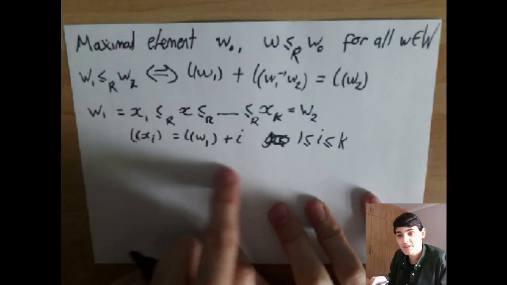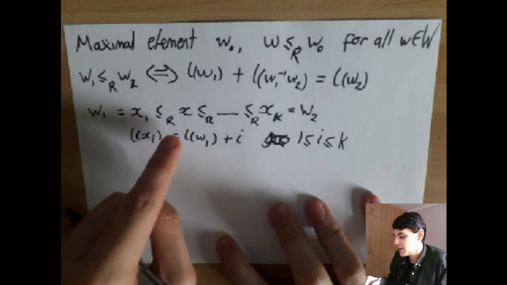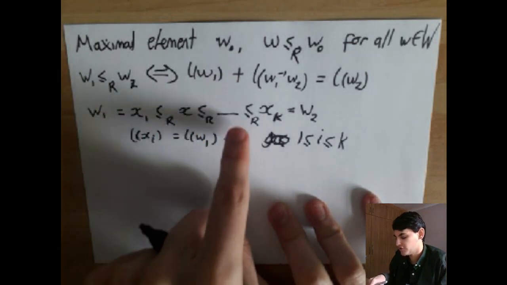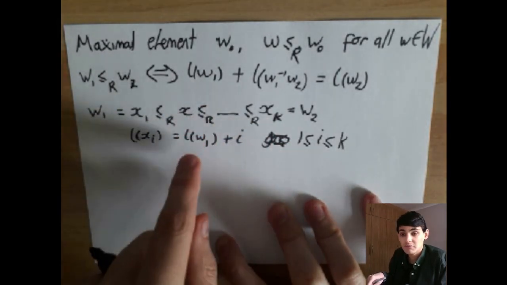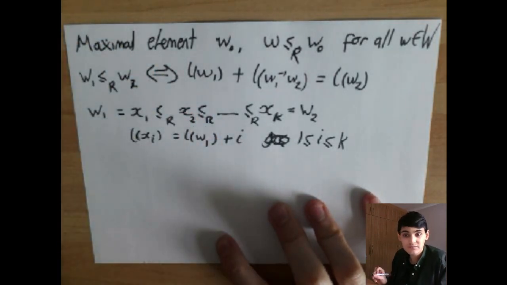This length property is basically found when you apply the definition of the weak order to each individual partial ordering.